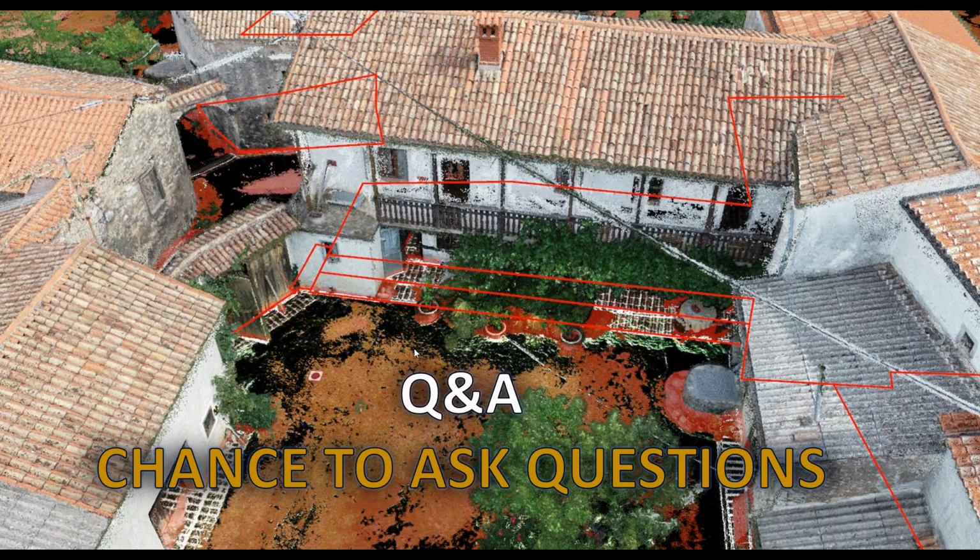One question that we have already answered is Anton was asking us, isn't draping over the mesh distorting the walls? Well, it's not really distorting the walls, because what we do is we drape on the digital terrain model.